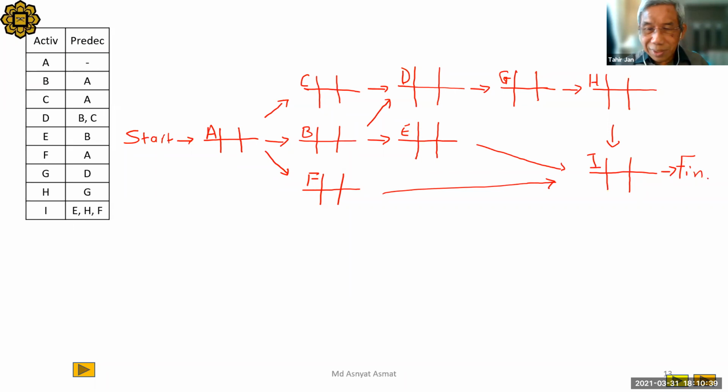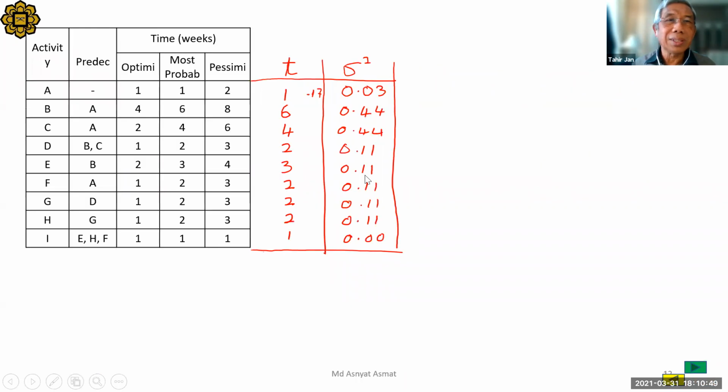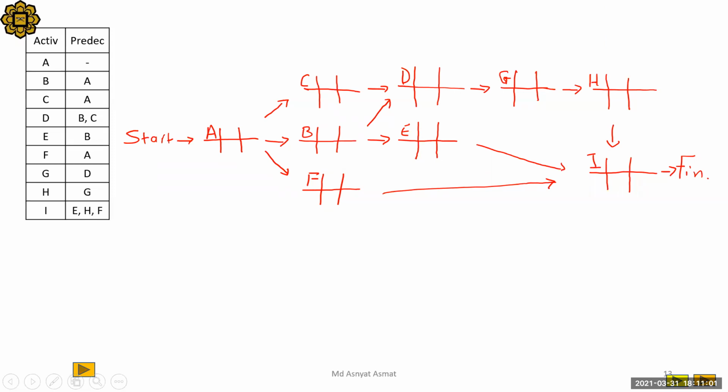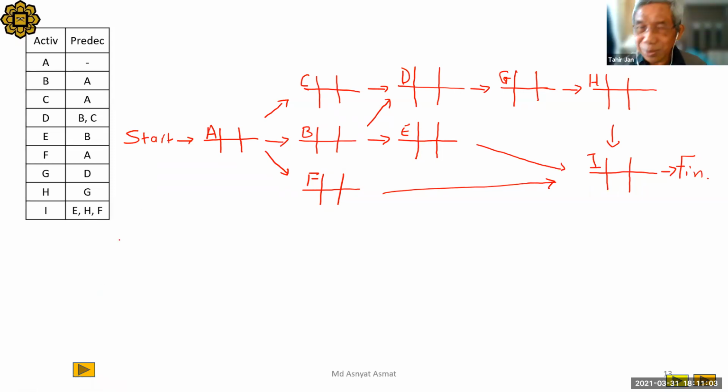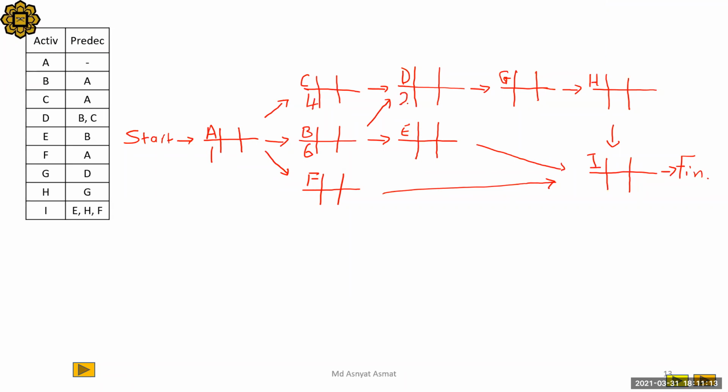Do you write somewhere, or should I flip back to the activity durations? Okay, let's look at this. A is 1, B is 6, C is 4, D is 2.